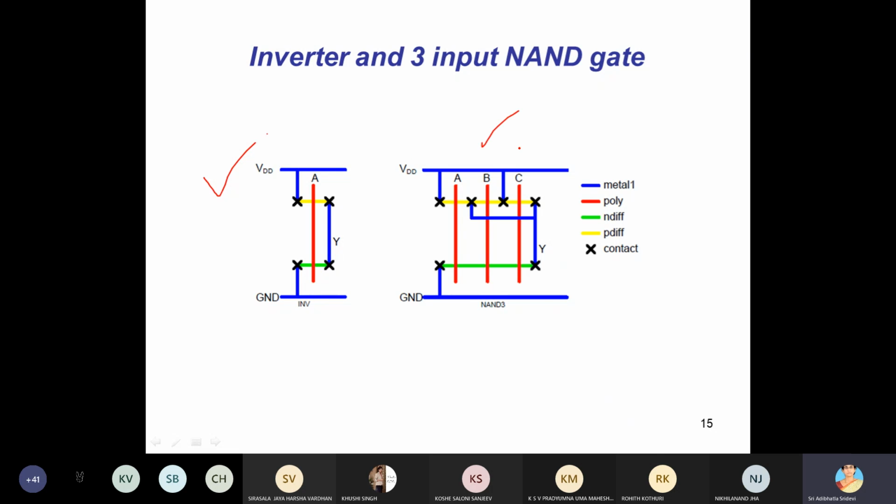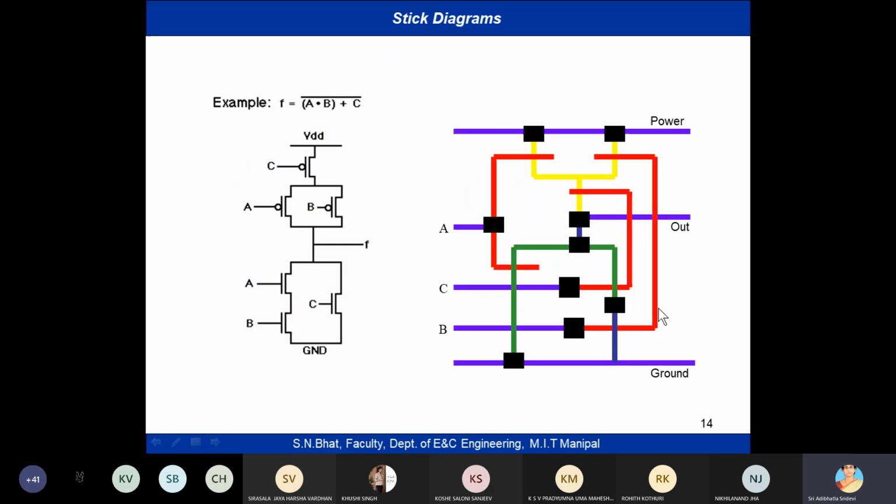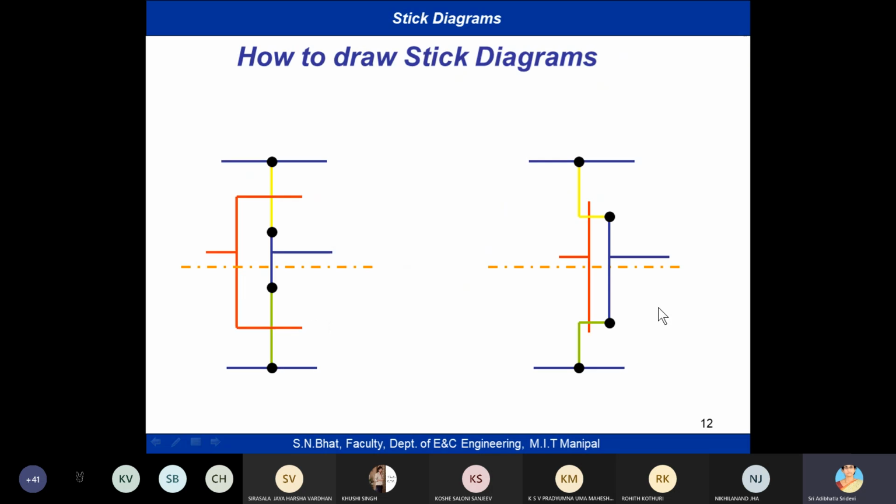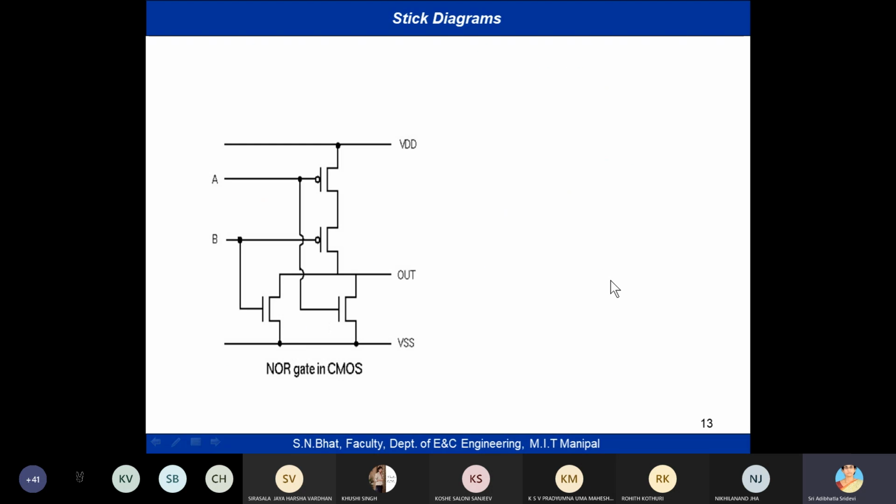And see here, this is a 3-input NAND gate. They are using P diffusion horizontal, N diffusion horizontal, and A, B, C polysilicon straight. So here they are not using any additional electrical contacts or vias, unlike our previous example.